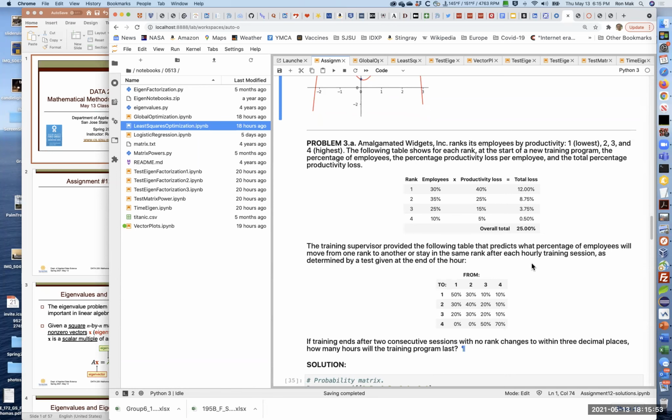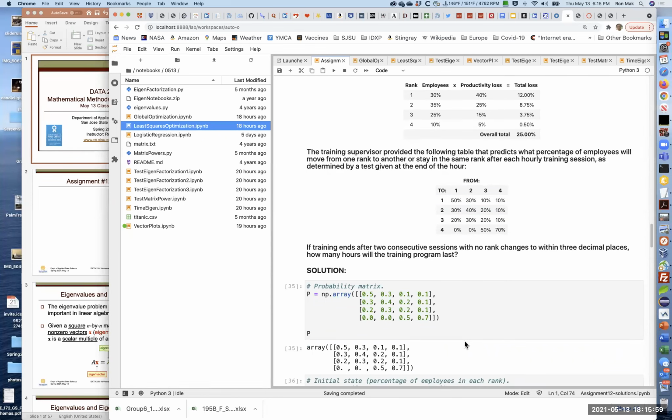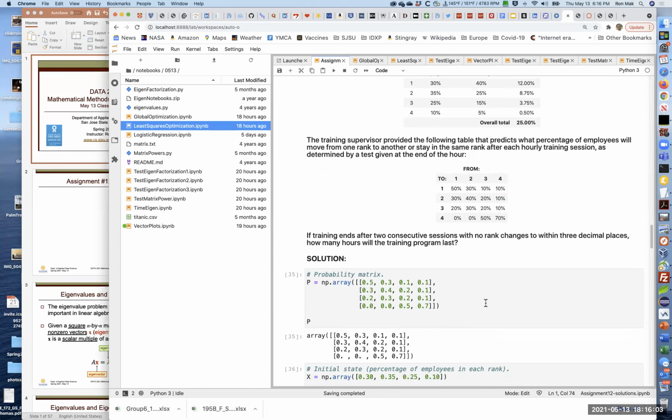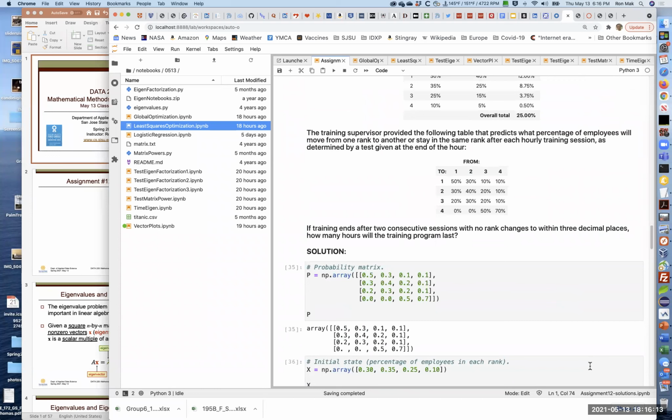We're going to grind through this and iterate. We're constantly going to be multiplying a matrix P by the starting percentages, and we will continue doing this until 2 consecutive hours have no change, up to 3 decimal places.